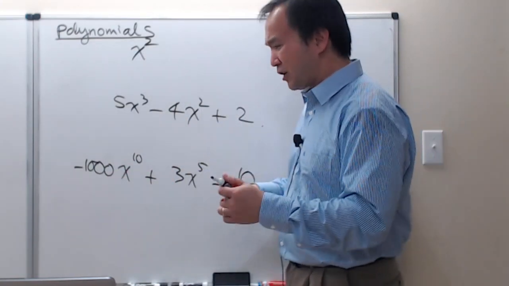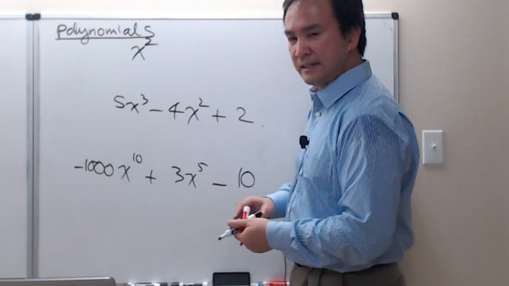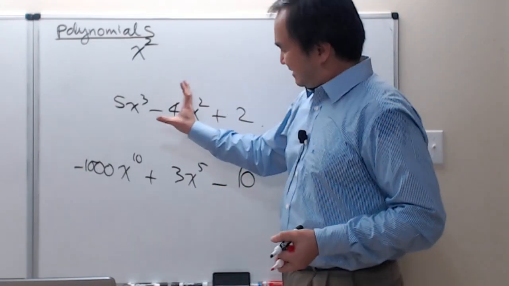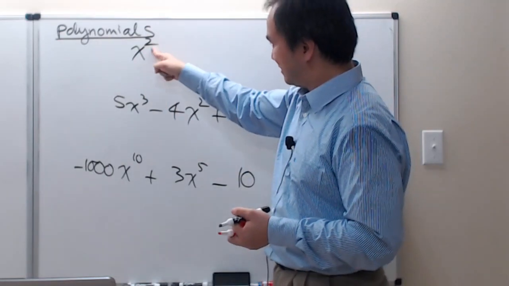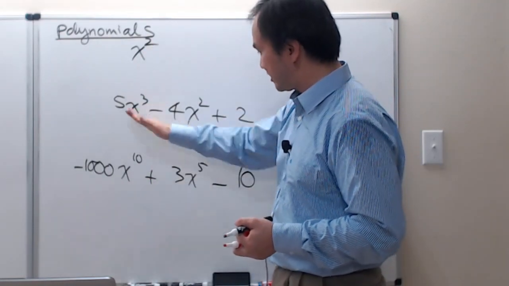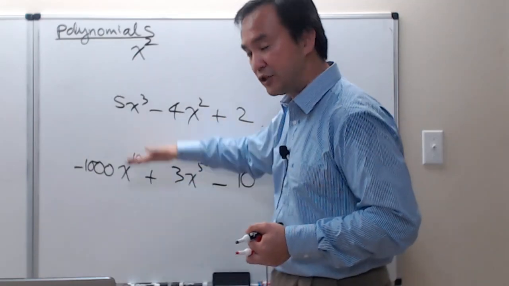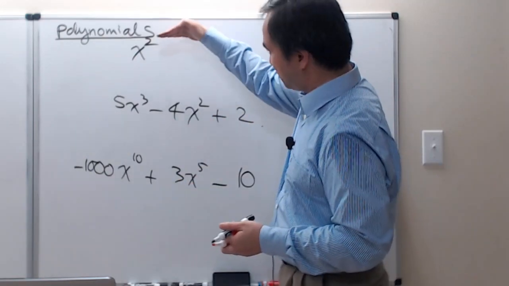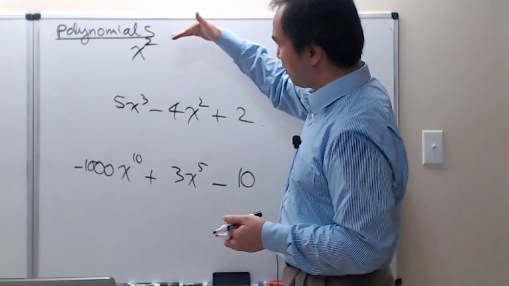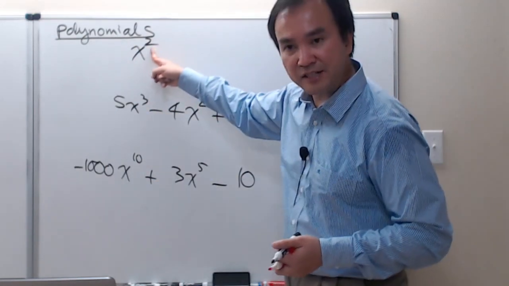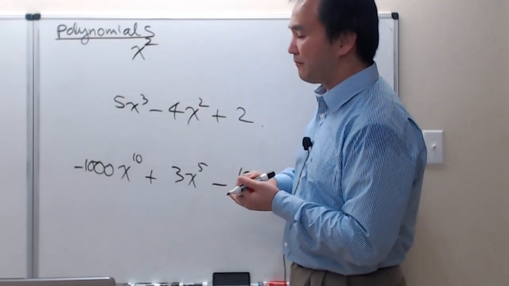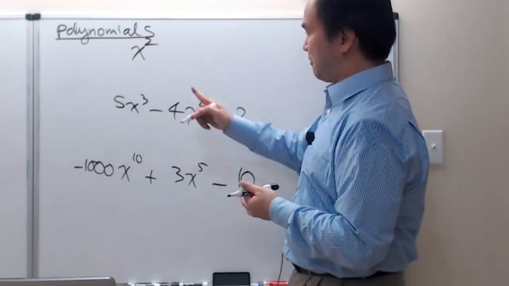Let's understand a little further. With polynomials, in case there are multiple terms, we always look at the highest power, and that defines what is called the degree of the polynomial.